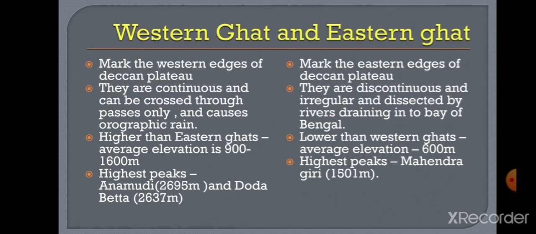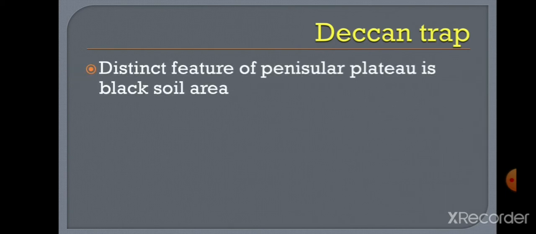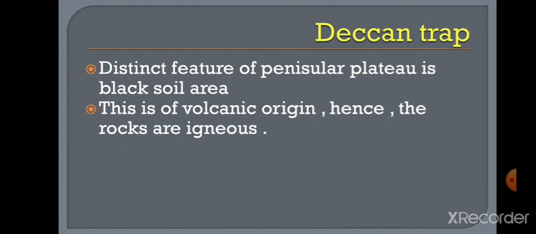Now the next part of our video is the Deccan Trap. We will get to know what the Deccan Trap is. Basically, it is a form of land where the peninsular plateau has a black soil area. In the area of Maharashtra or Goa, there is an area that has totally black soil, so we call this the Deccan Trap.